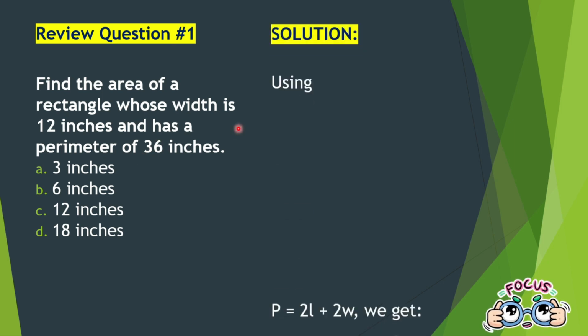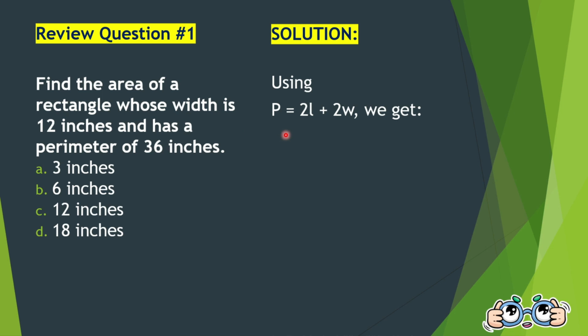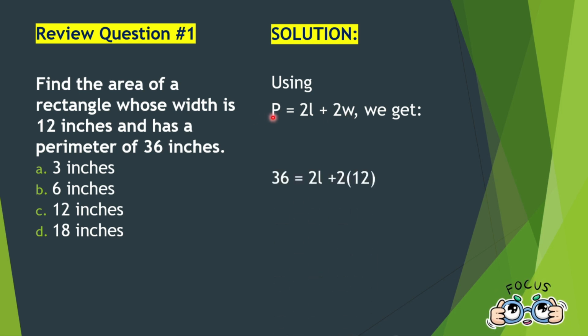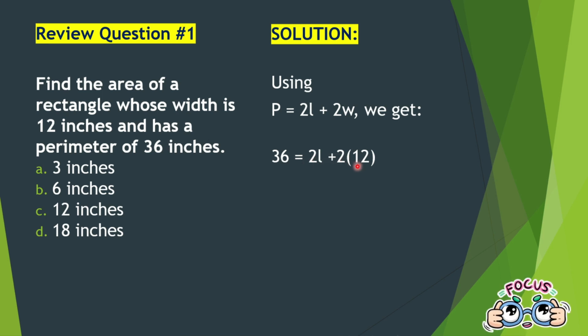Solution: using the perimeter, P = 2L + 2W, where L stands for length, W for width, and P for perimeter. We get 36 = 2L + 2(12). We have to determine the value of L. So 36 = 2L + 24.